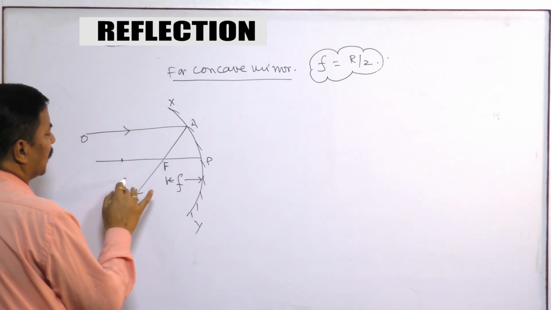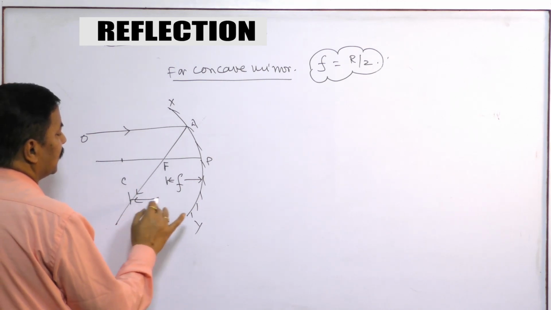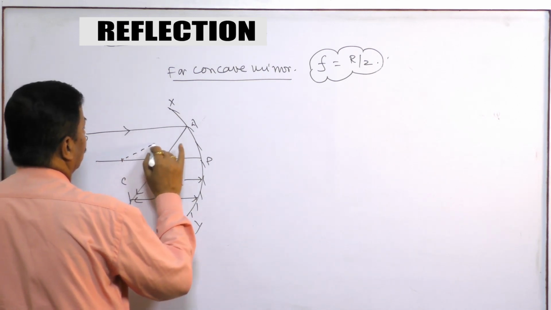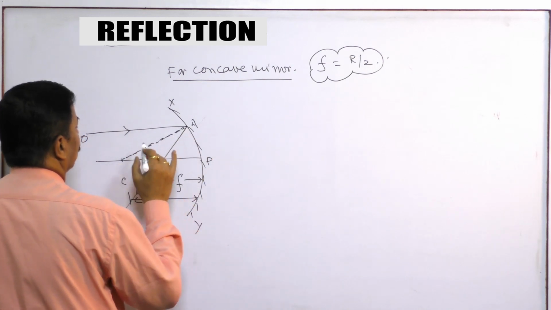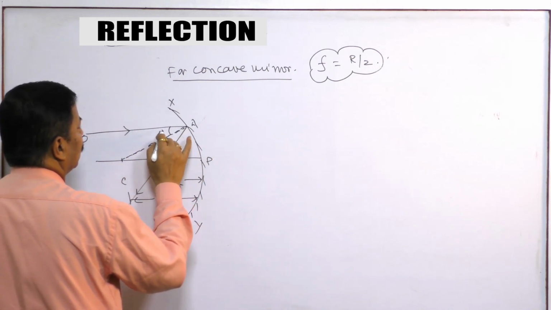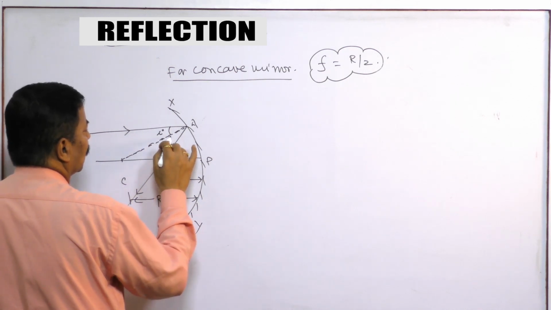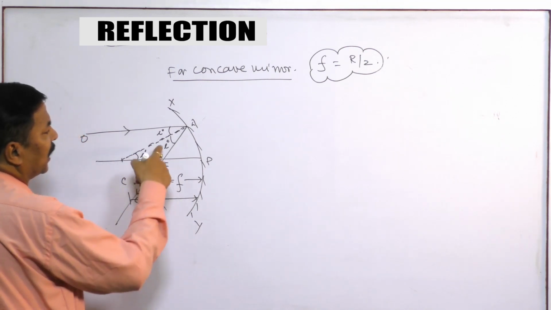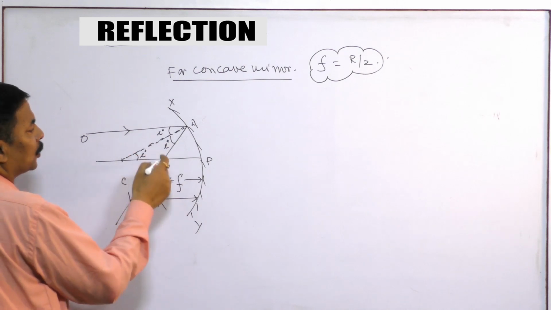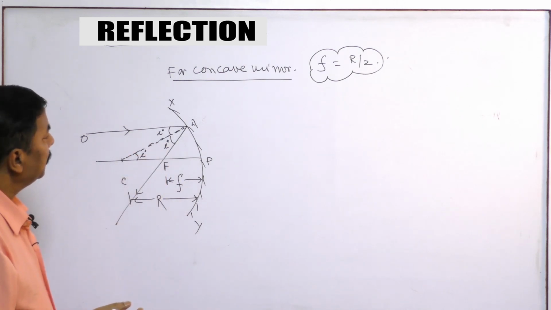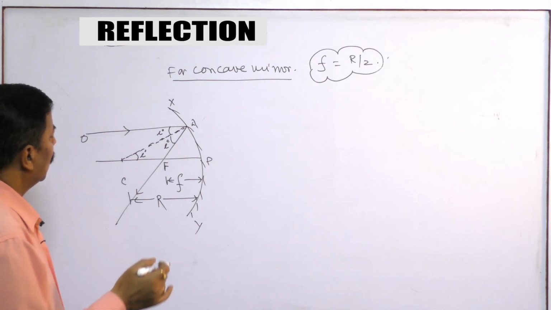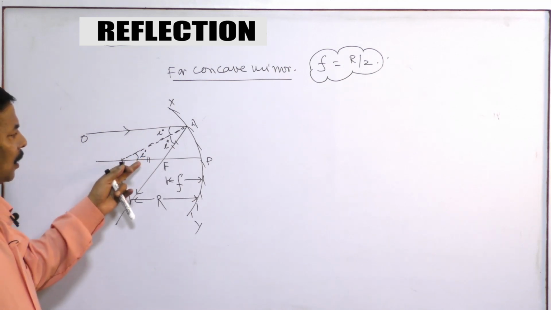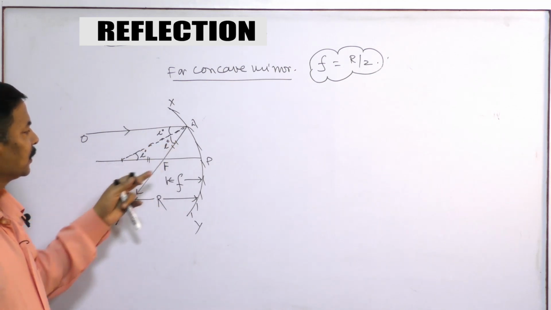Here is the center of curvature and this distance I am taking as capital R. If we join this, then we get this as the angle of incidence, and this is also the angle of incidence, angle i. Why? This is actually the angle of reflection, but i is equal to r, so this is the angle of incidence. Now this distance is equal to this distance, isosceles triangle, this CF is equal to FA.